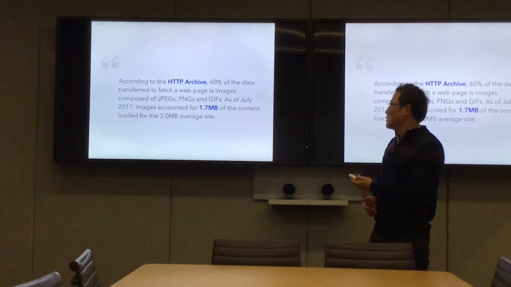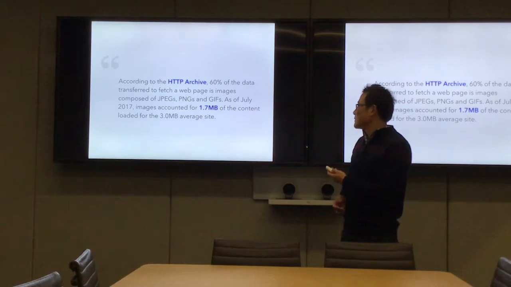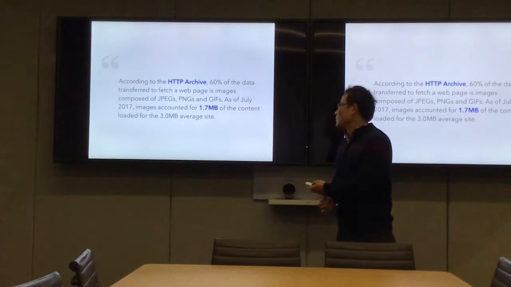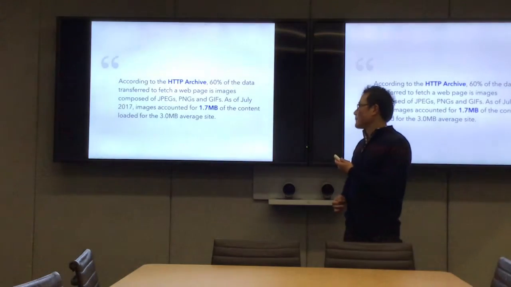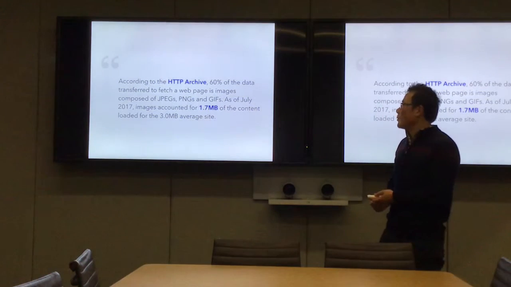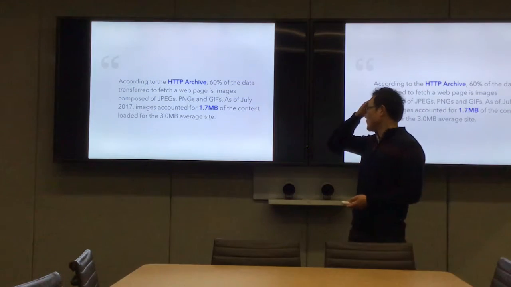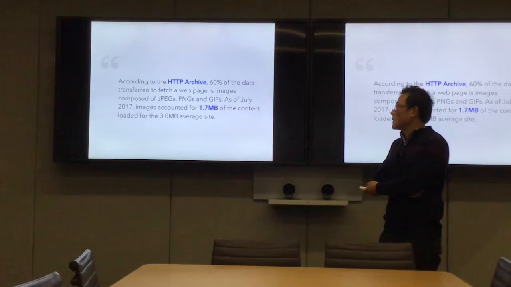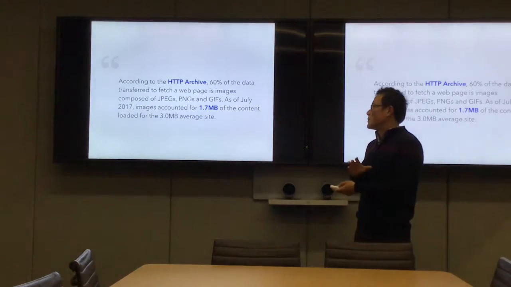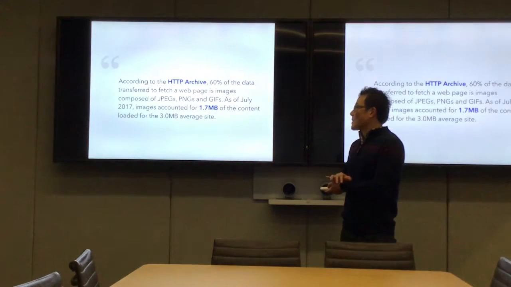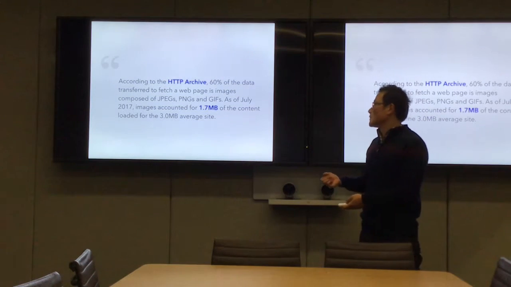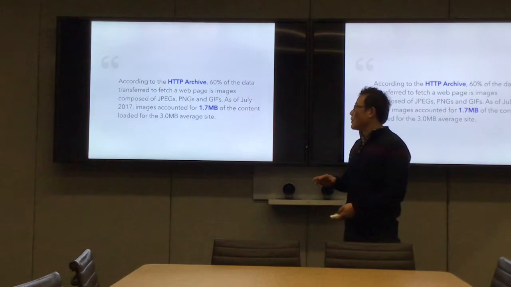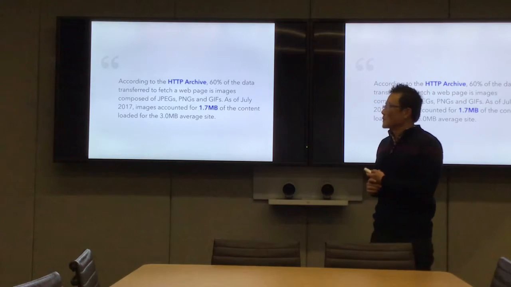It's PNGs, JPEGs, GIFs, and it's 1.7 up to 3 megabytes. By the way, HTTP Archive is a data statistics site showing the average request and page size of websites globally. This is supported by Google.